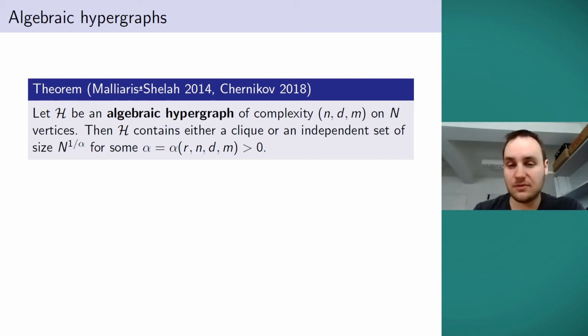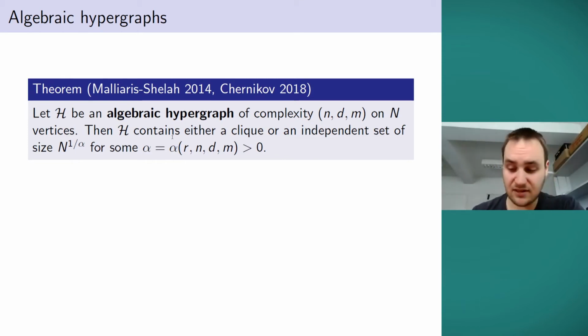Unfortunately, both Mubayi, Suk, and Chernikov come from logic, and in order to prove this, they use tools from logic, and the exponent they get is not quite explicit. In Chernikov's paper, it's completely inexplicit, and in the other paper, it's something that we couldn't really read out.